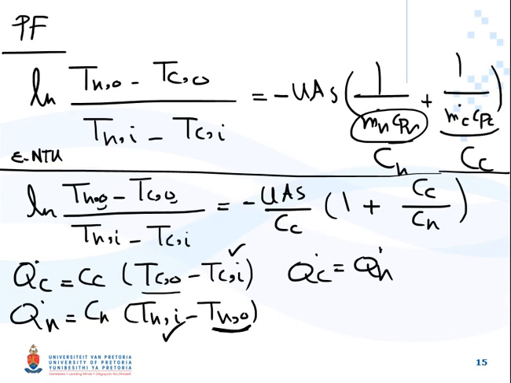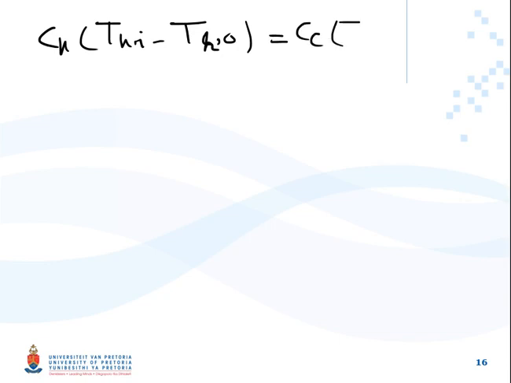If I put everything together, let me go to the other slide. So THI minus THO is equal to CC times TCO minus TC in. I'm not always saying inlet temperature of cold fluid or outlet temperature of cold fluid; it's much easier to just say CO, and you know what I mean.